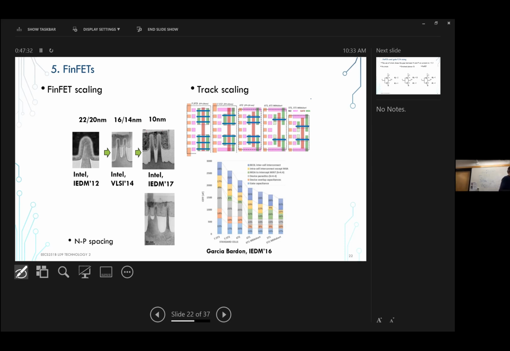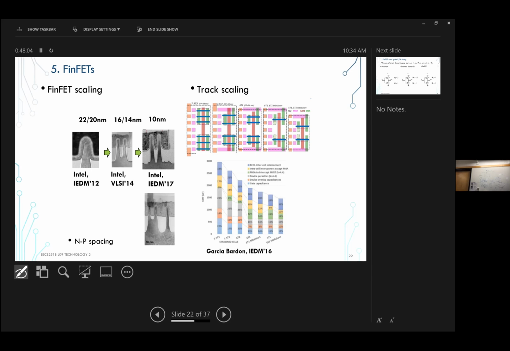Now, in FinFET kinds of processes, the pitches for fins are not the same as, or not multiples of, metal pitches. The ratio between the fin pitch and the metal pitch is the so-called gear ratio.